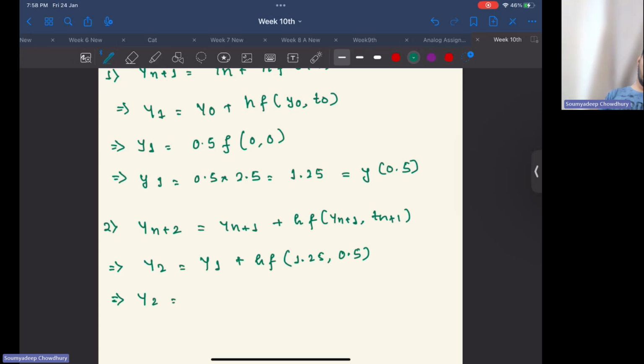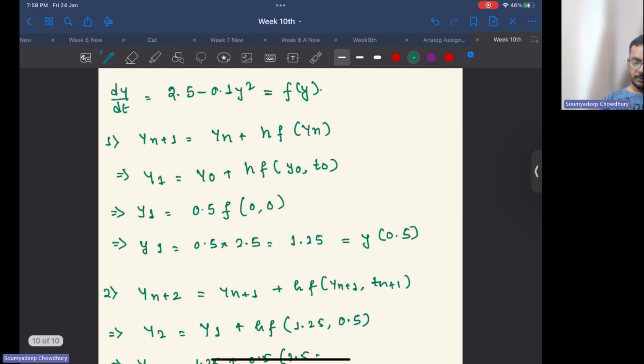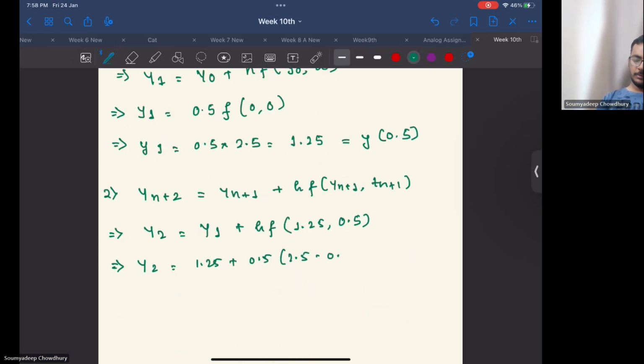So you can write y2 equals y1, which is 1.25, plus 0.5 into (2.5 minus 0.1 into 0.5). So this will be y of 1.